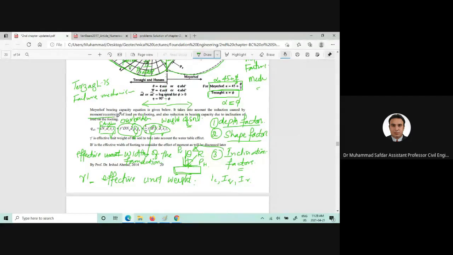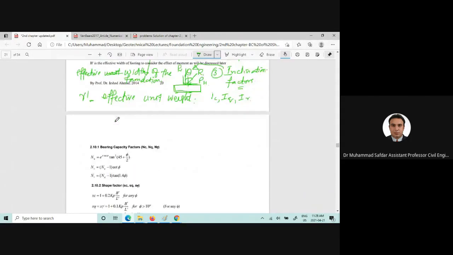contributed that if the loads are eccentric in nature, which means that if a load is applied, for example, at the center here, that is known as concentric loading.